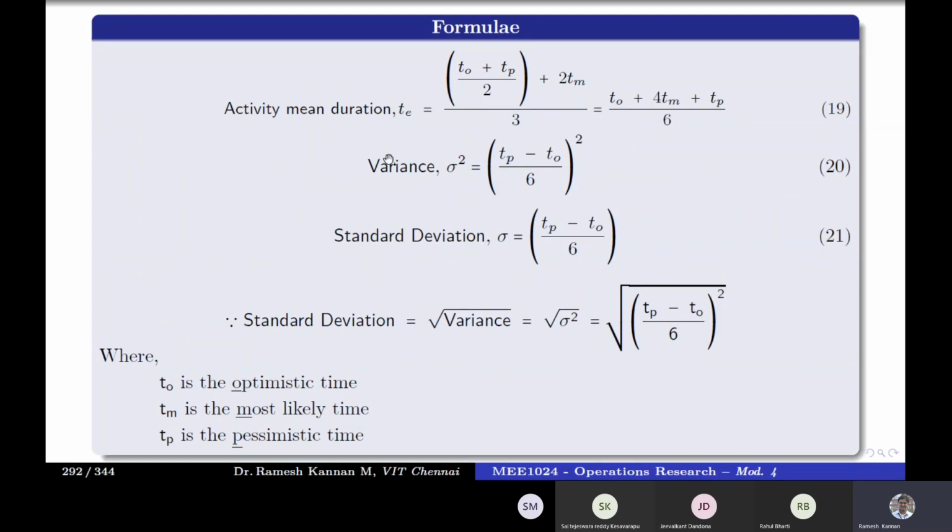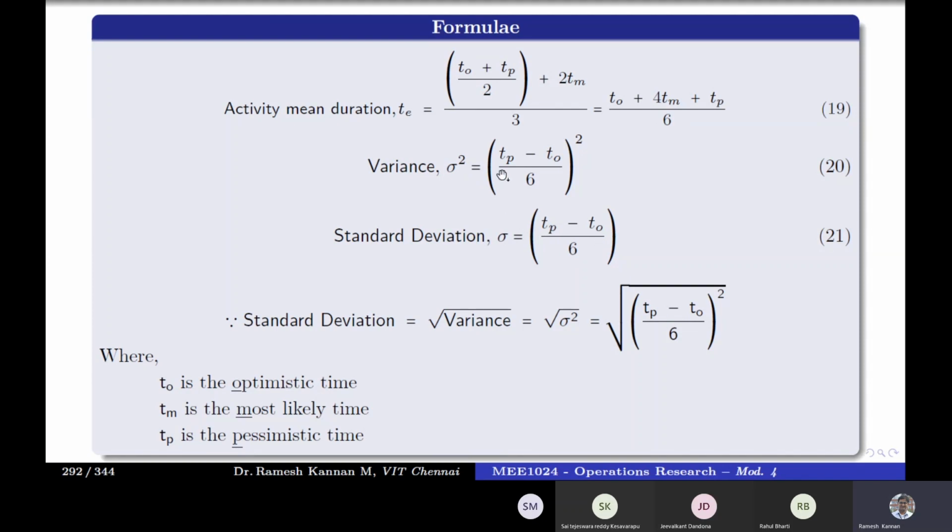So since we're going to use 3 times, we'll be finding the equivalent time or the mean time. And variance is the square of the standard deviation. First we find the standard deviation, which is the pessimistic time minus the optimistic time divided by 6, and the square of this will be the variance.